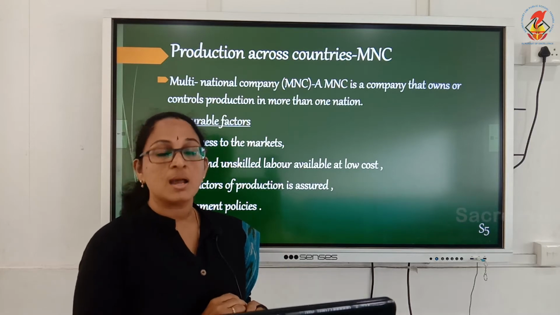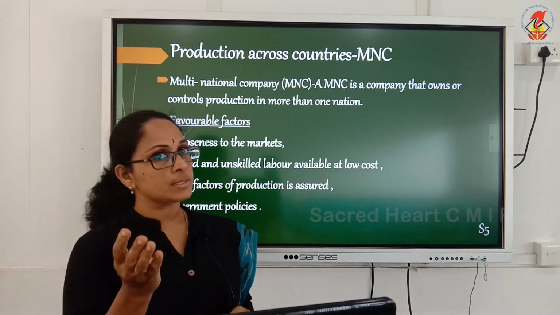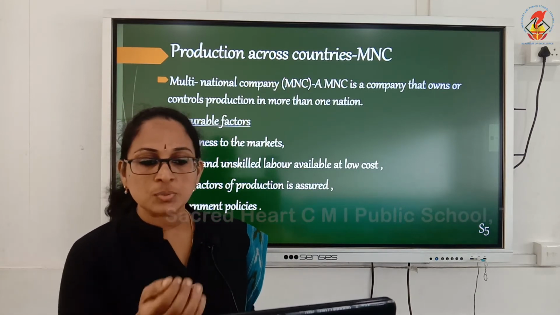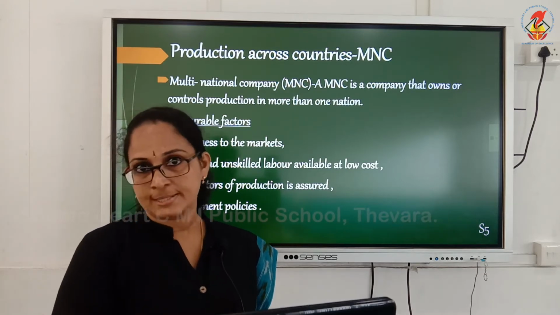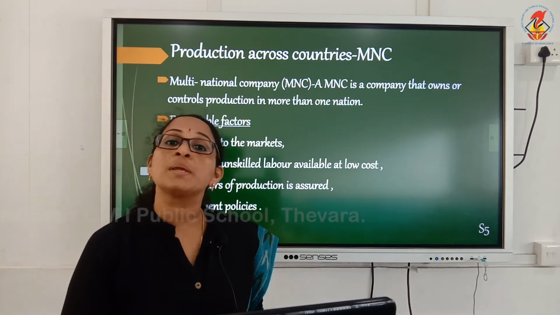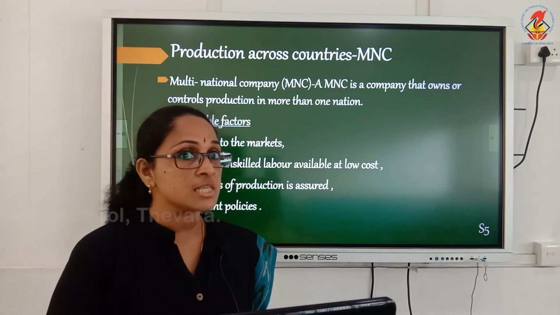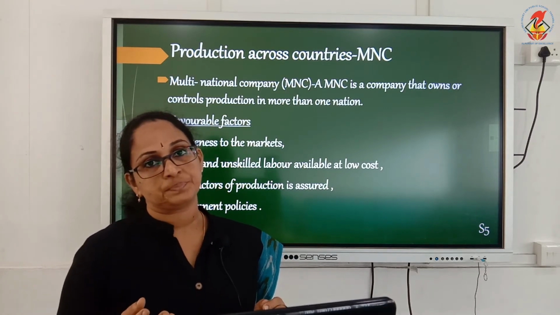The third factor is other factors of production. You know the four factors of production: land, labor, capital, organization. So which is missing here? Land, availability of land. And government policies. MNCs will check whether the policies are investment friendly.